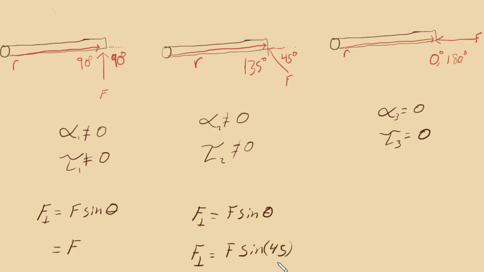It doesn't matter which one you choose, because the sine of 45 and 135 is going to be the same. And so we get some perpendicular force on this door equal to F sine of 45. For the third one, we have an angle of 180 or 0. If we plug that in, we have a perpendicular force of 0.